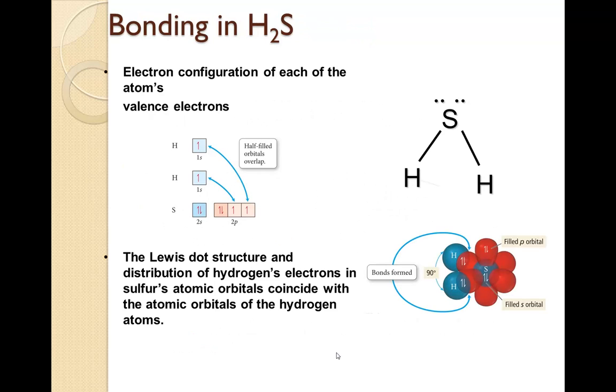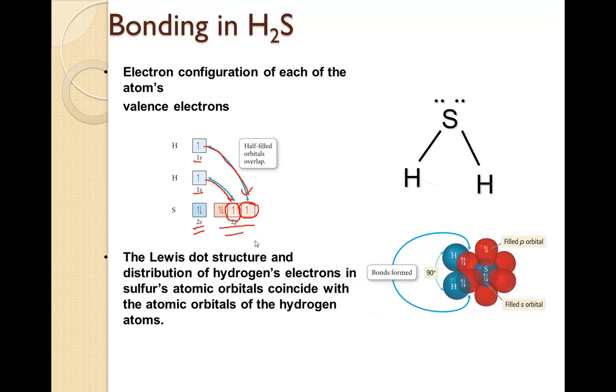Electron configurations of each of the atoms' valence electrons for H2S are as follows. We have 2s2, 2p4, and then hydrogen is 1s1. So the electron orbitals here are being shared with the hydrogen.